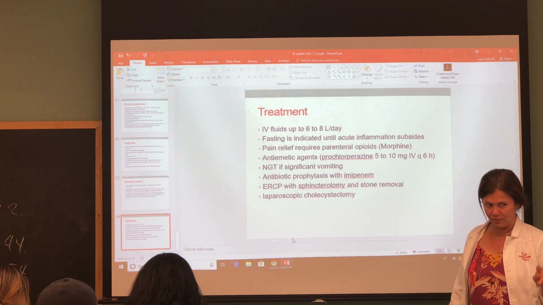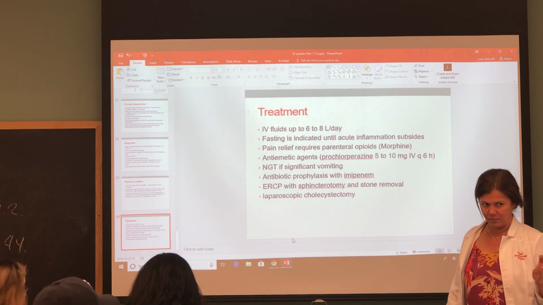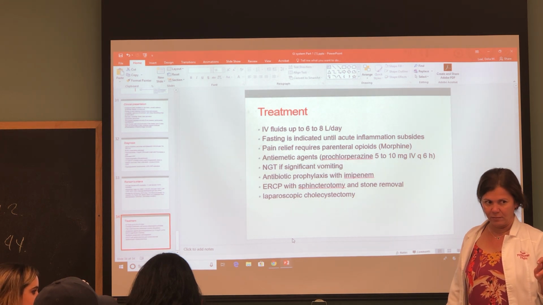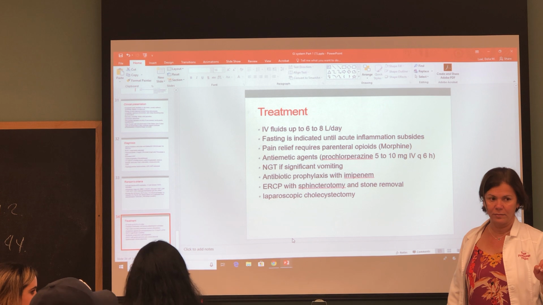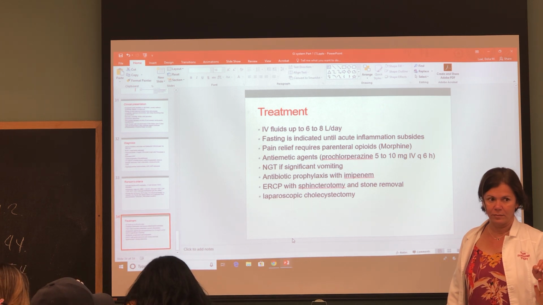Did the guidelines perhaps change about the NPO status, as long as perhaps the patient can tolerate intake and they don't necessarily have the signs and symptoms of vomiting? I'm only asking this because last semester, in one of the rotations, a patient had pancreatitis, and I asked about that, and they said that if the patients tolerate it, they're not.